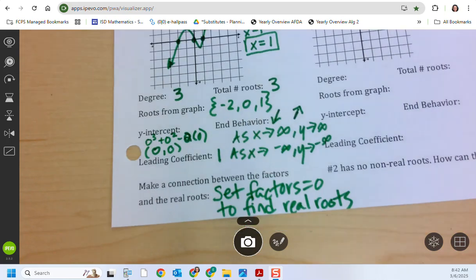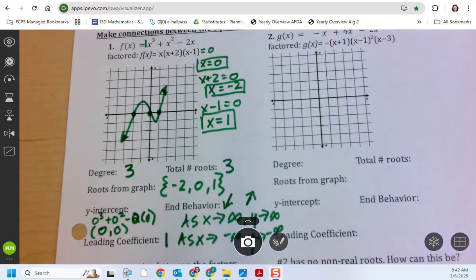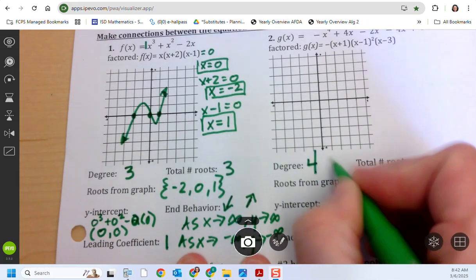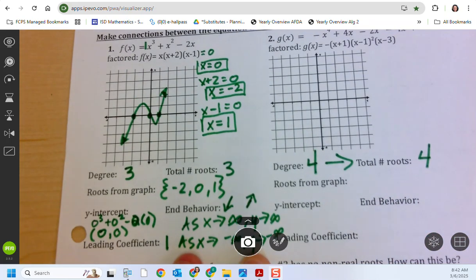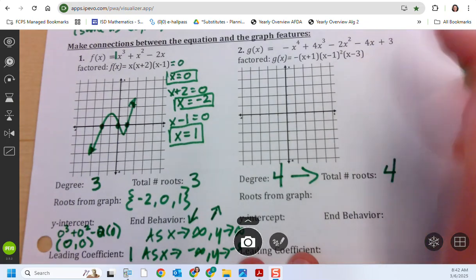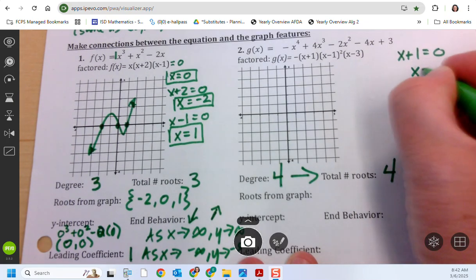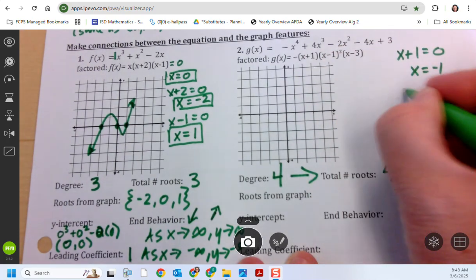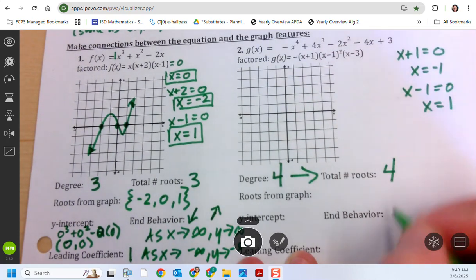Okay. Degree is your biggest exponent, so you should have put 4. 4 is your biggest exponent, which means also that there are 4 total roots. The roots from the graph, you guys took these and you set them equal to 0. So x plus 1 equals 0 gives me x equals negative 1. x minus 1 equals 0 gives me x equals 1.